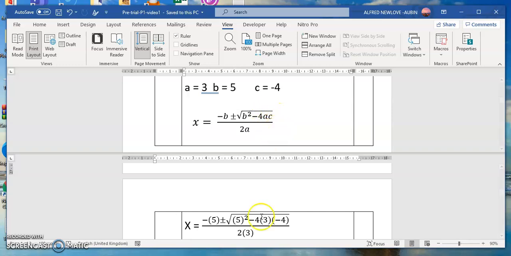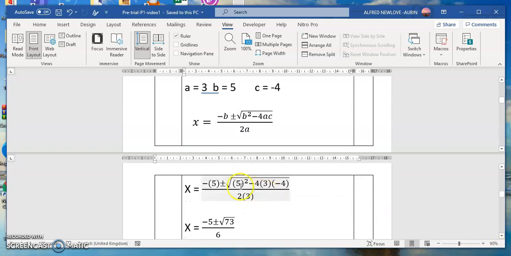So if you put bracket there, it means it's times. So your a, which is 3, you see that it's in bracket. Normally when you are substituting, put it in bracket. Then your c, which is minus 4, you put it in brackets, over 2a, which is 3. This substitution, you are going to get a mark there. So you take your time, then you substitute nicely to get that mark. I know you can do it.